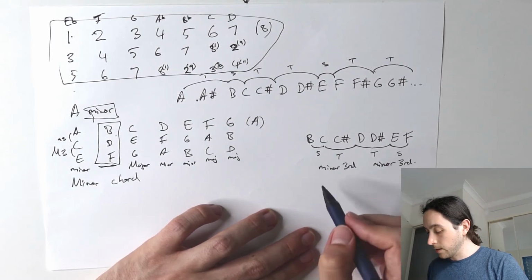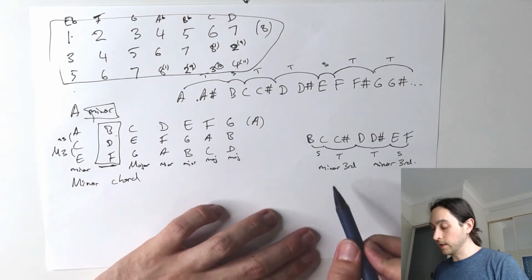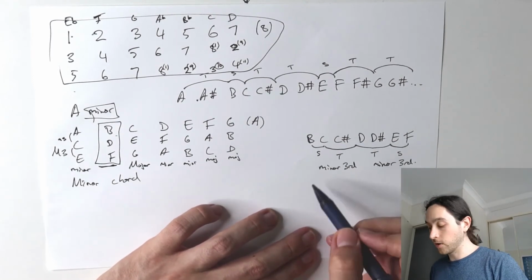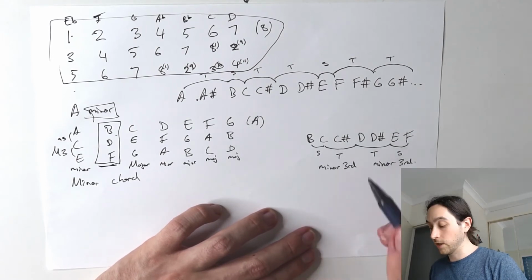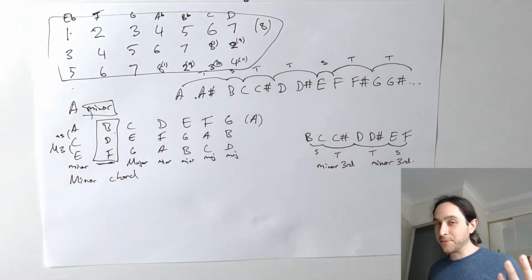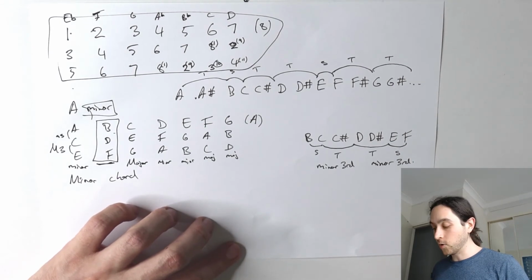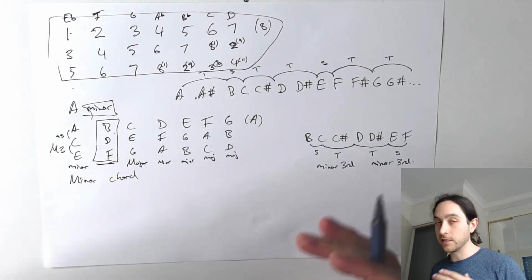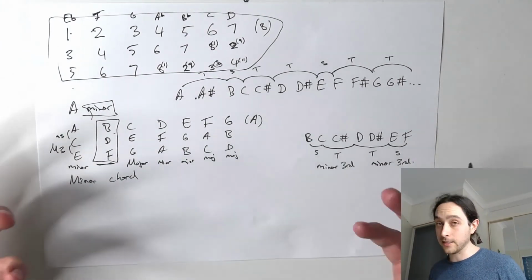Okay? This doesn't fall into either a major or a minor chord because it's two minor thirds in a row. It's not a major third followed by a minor third. It's not a minor third followed by a major third. It's two minor thirds, right? This is called a diminished triad. That's really all you need to know there. If you stack two major thirds on each other, it's an augmented triad, okay? This happens in other scales, not in this scale. I'm not going to touch on it here today, but they exist, okay?